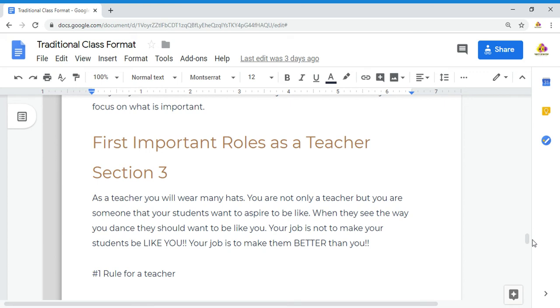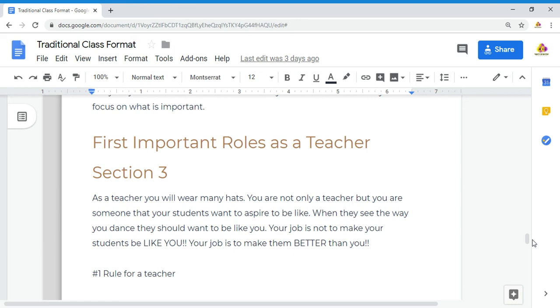But what is most important about me as the teacher, compared to me as a student, is that I'm not focused on me as a teacher. If you're a teacher, you are not thinking about yourself at any point. You have to completely become unselfish.